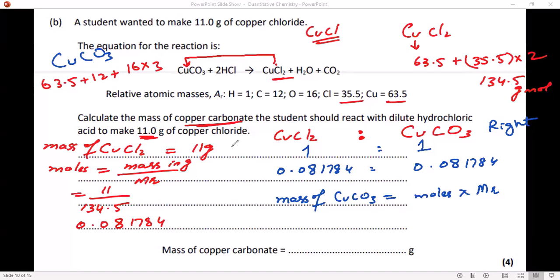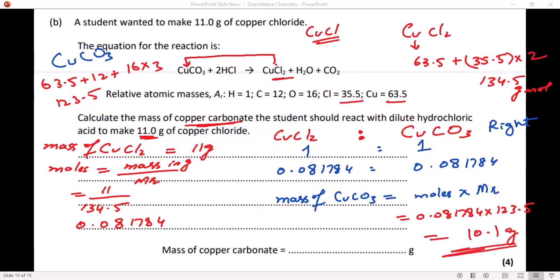What I am getting is 123.5. So 0.0817 times 123.5. In calculation, everyone can make mistakes. I can make mistakes. If you find I have made mistakes somewhere, you can inform me in the comment section of the video. So 10 gram. This is the mass of copper carbonate.